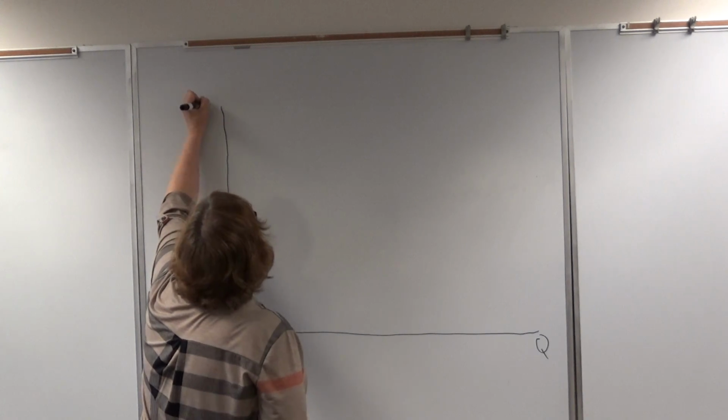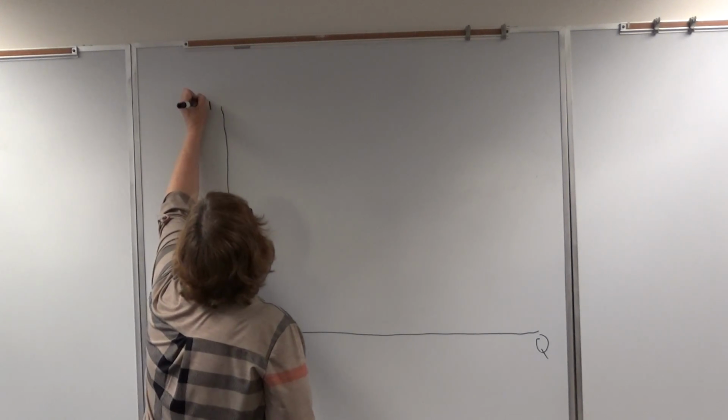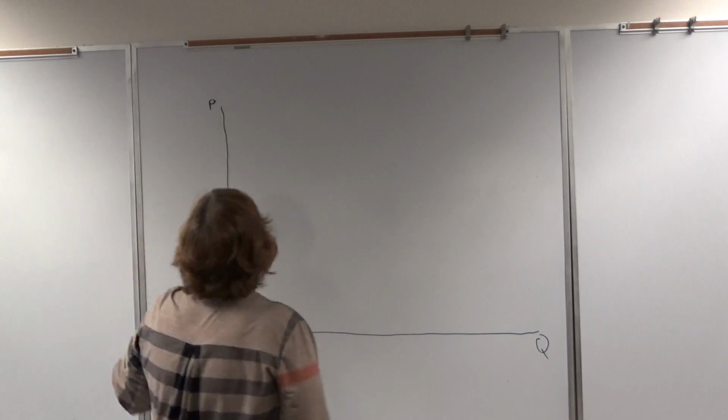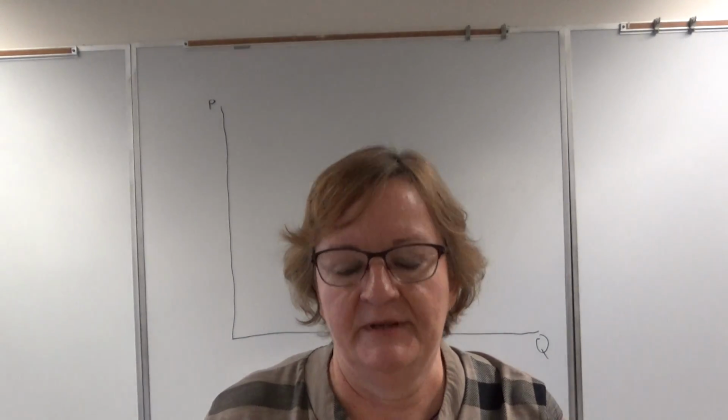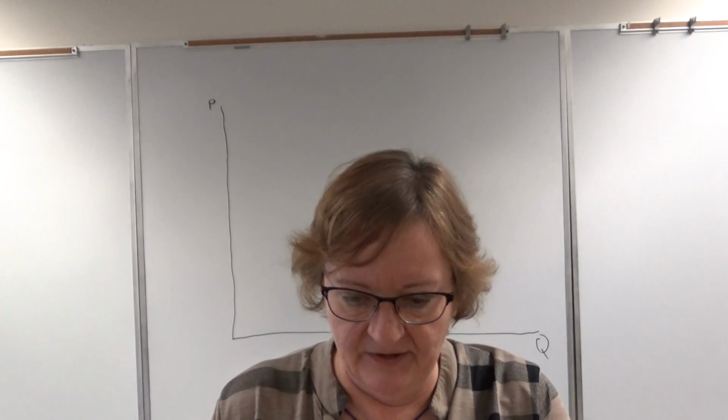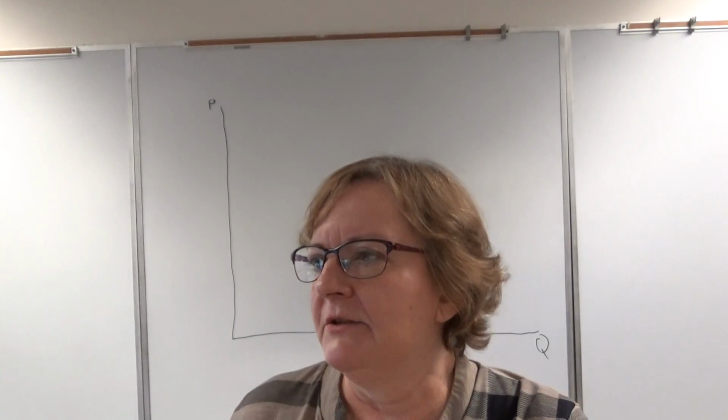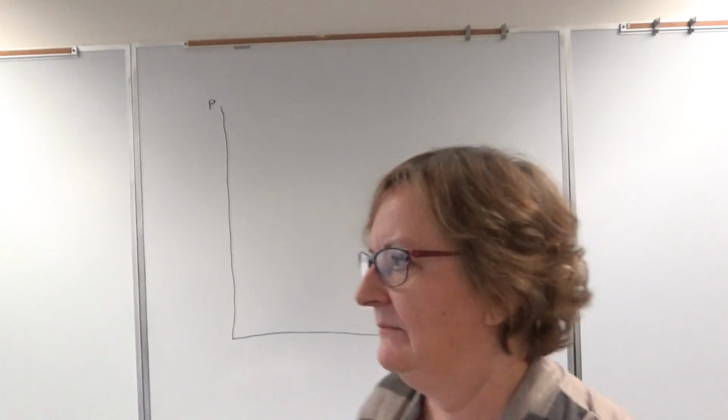So, price and quantity. There's supply, and there's demand, and there's the supply for the whole country, and I mean for everything. So when we're talking about the whole country, we use the word aggregate.